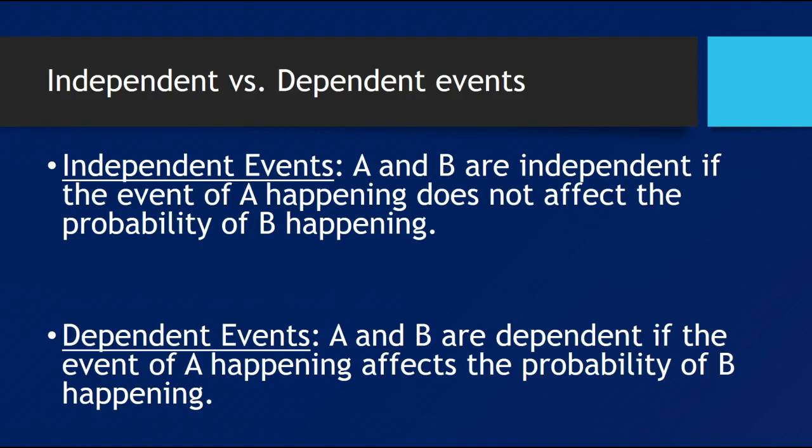So A and B are independent if A happening doesn't affect the probability of B happening. Okay, we'll look at some examples in just a second. Dependent events are ones that do. Like if I know A happens, then B is going to have a slightly different probability of happening.